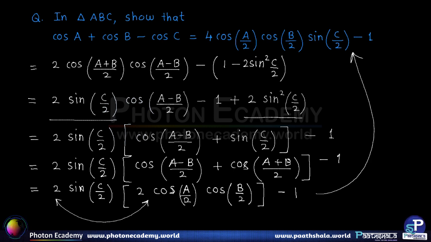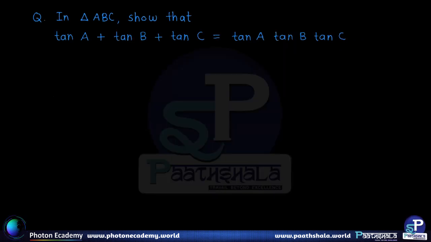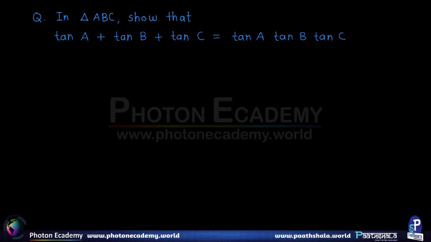Let's see one more important result that can be remembered: in any triangle ABC show that tan A + tan B + tan C is equal to tan A into tan B into tan C. So that's an interesting result, that is, the sum of tans of all the three angles is equal to the product of those same tans.